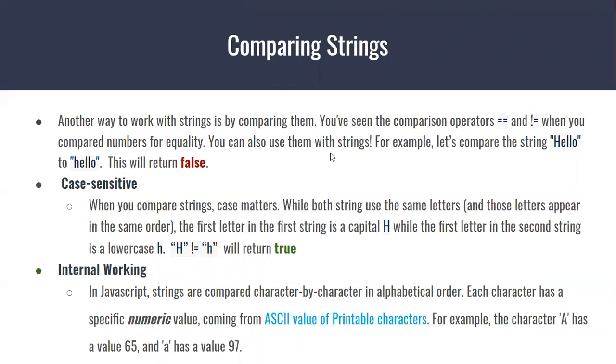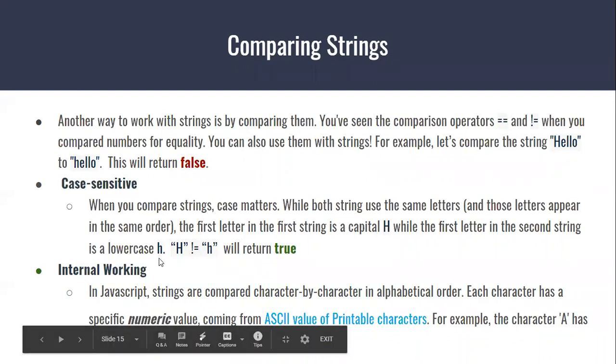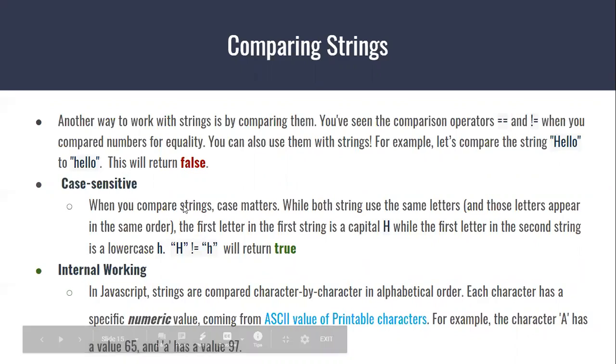All right, so let's suspend reality still in the fact that we don't know any of these other utilities and features, but comparing strings. Another way to work with strings is to compare them. If you've ever seen these operators, the double equals and the not equals, which is the exclamation mark and the equal sign, when you compare numbers for equality you can use these, but you can also use them with strings.